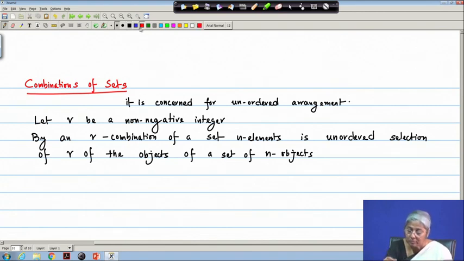Now, it differs from permutation in that it is an unordered selection.